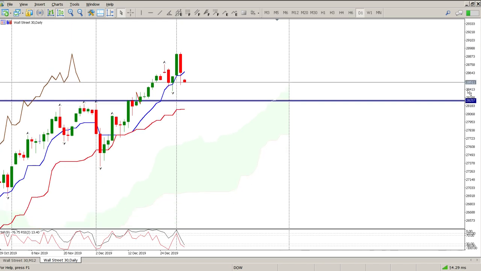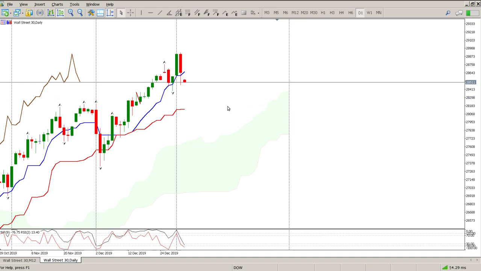And the daily is a completely different story. Okay, so when I say completely different story, let's get rid of this noise. We have this massive inside bar here, but we are also potentially at the bottom of a channel.